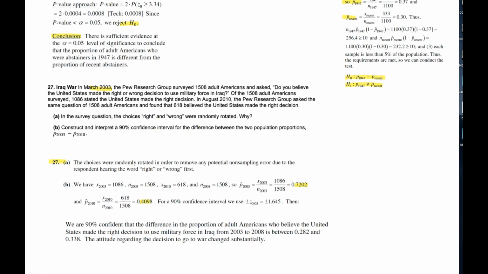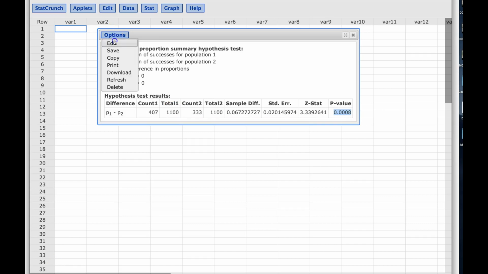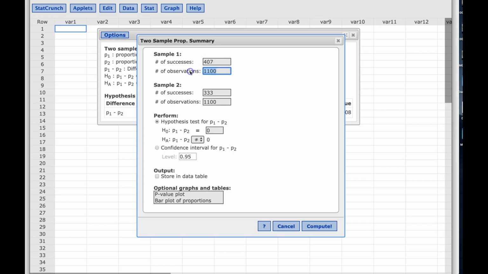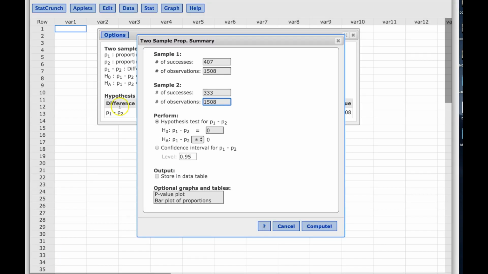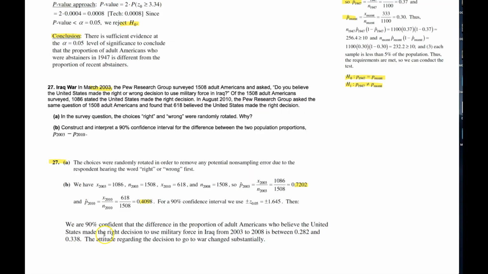To do that again, you're going to go to StatCrunch. We've got to put in the values. What's the first one? We had 1086 and 618. So 1086 from 2003, and then 618 from 2010.